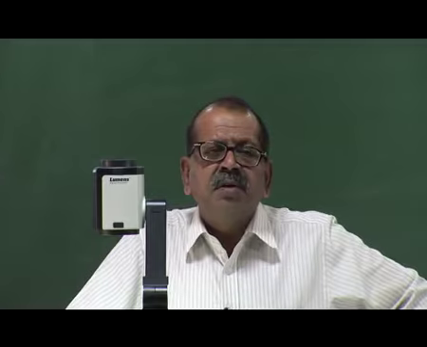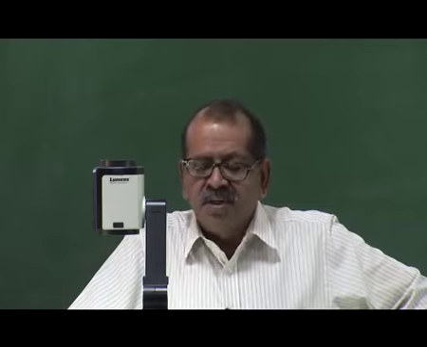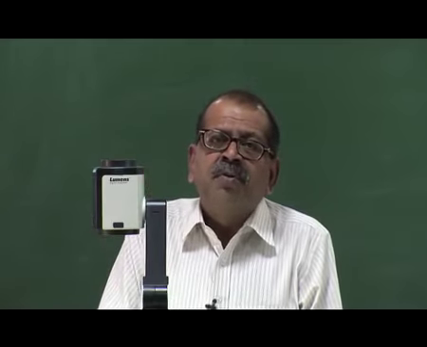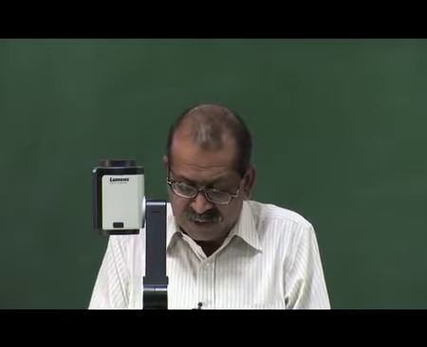In the last class, we saw the usage of the equation F equals ma. Now, we will look at this equation in a new form, and this formulation is referred to as the work and kinetic energy formulation, which leads to the principle of conservation of energy.